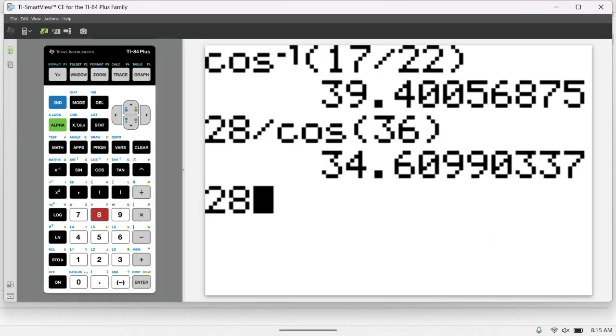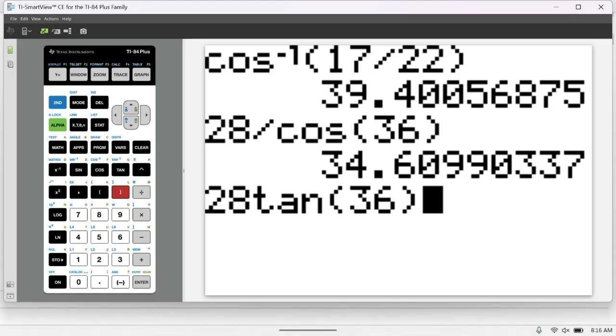So this would be 28 tangent of 36. Make sure you close the parenthesis. So if you put the 28 and then tangent right after it, it'll automatically read as multiplication. If it makes you feel better, you can put the multiplication sign in between the two, but it doesn't really matter. All right? So everyone got that in your calculator?